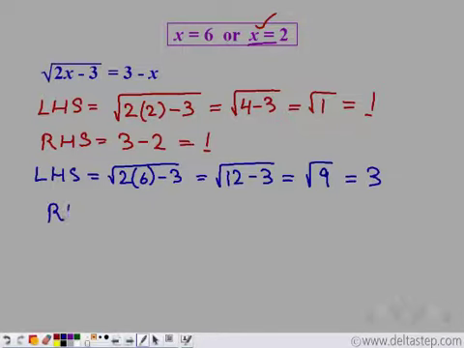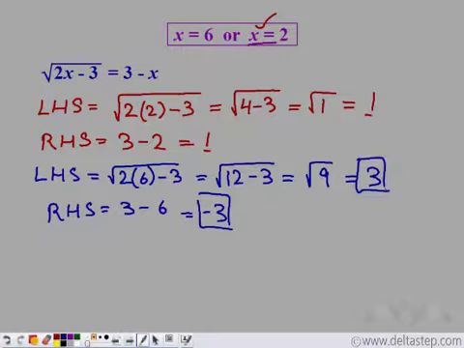Now right hand side is equal to 3 minus x, that is 3 minus 6, which is equal to negative 3. But this and this are not equal. Hence, x is equal to 6 is not a solution of this equation.